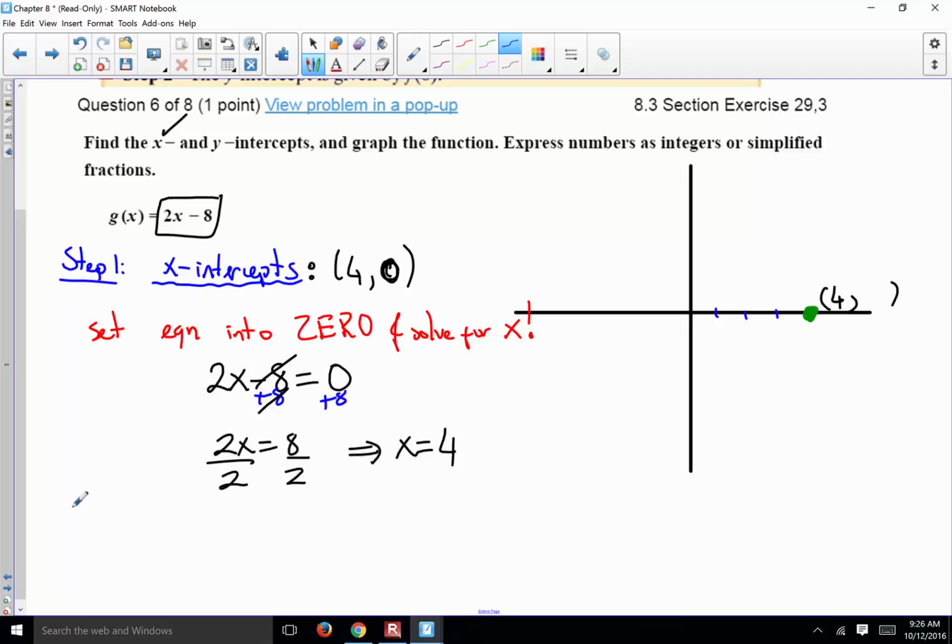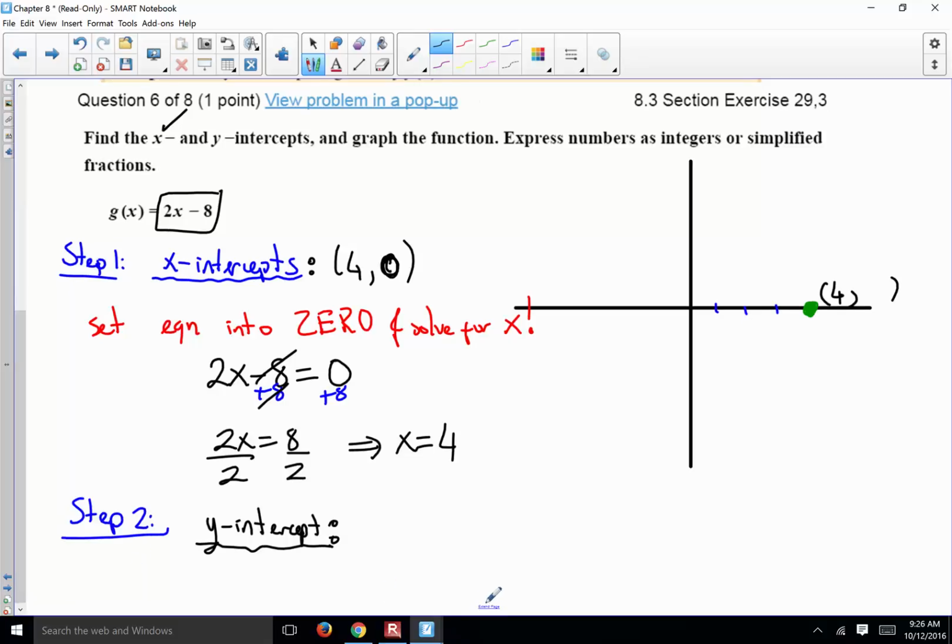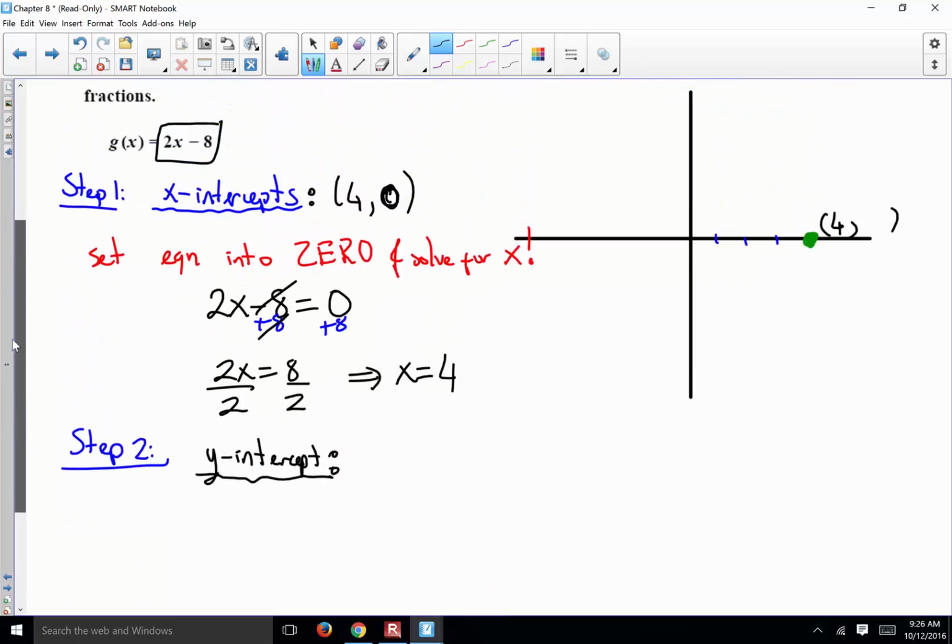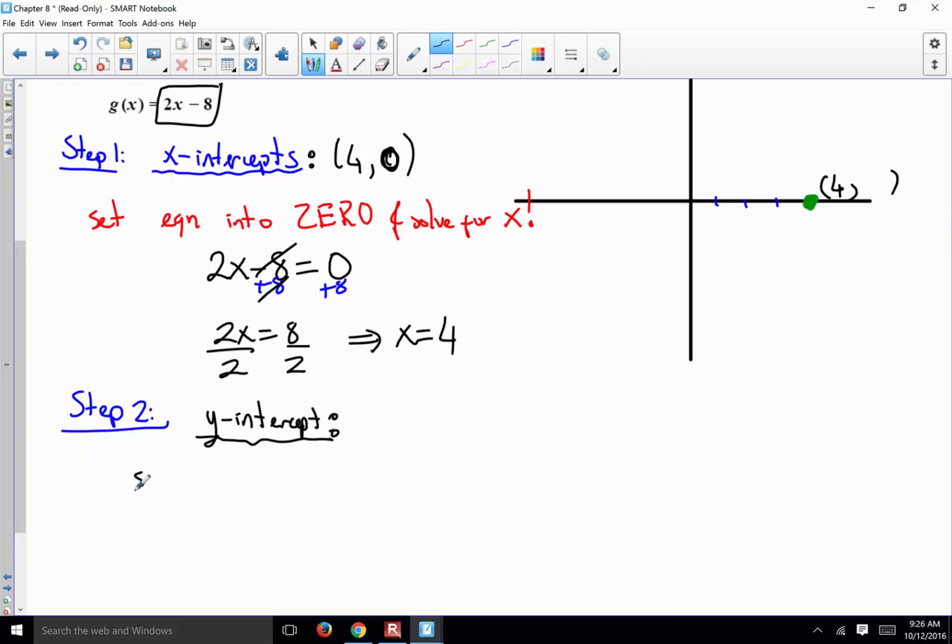Step 2, y-intercepts. I wonder where my graph is going to touch y-axis. Alright, guess what I'm going to do? This time we are going to set not the entire equation, only x into 0.